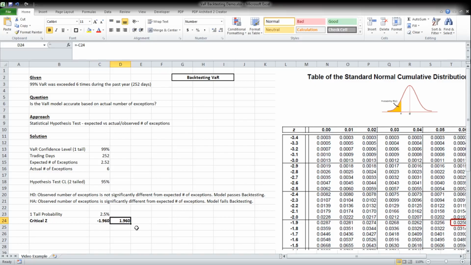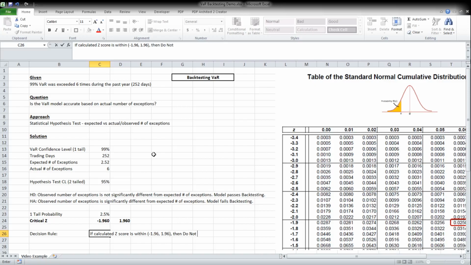If our calculated z-score falls outside of this region, then it will tell us that we have sufficient evidence to conclude that our model is bad. Our actual number of exceptions is too far away from expectations. So let me spell out my decision rule here. If the calculated z-score is within the acceptance region, between negative 1.96 and positive 1.96, then we don't have enough evidence to reject, so we do not reject H naught.